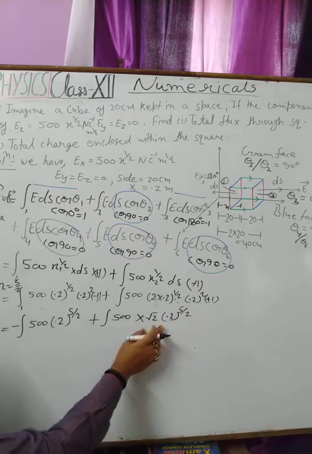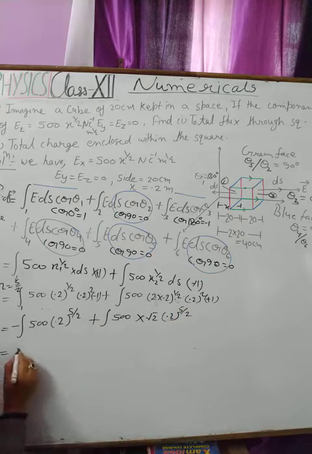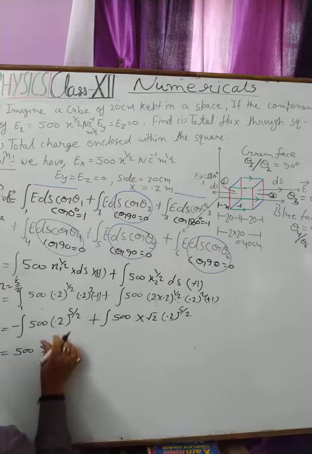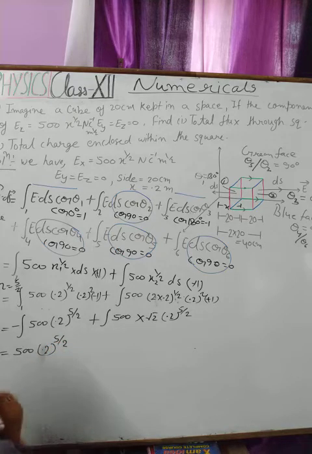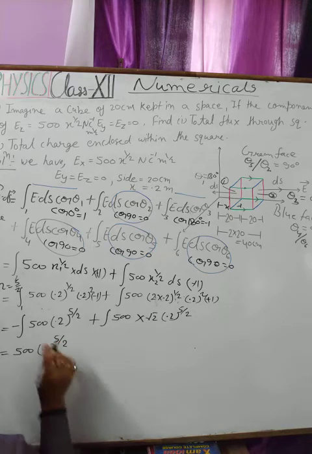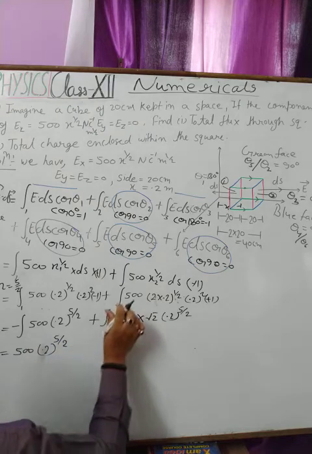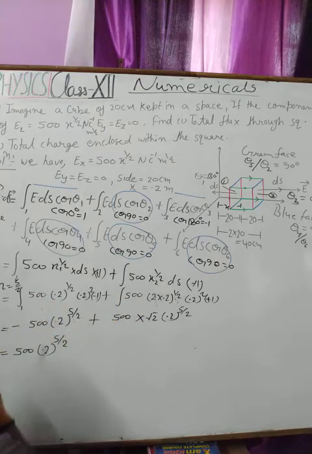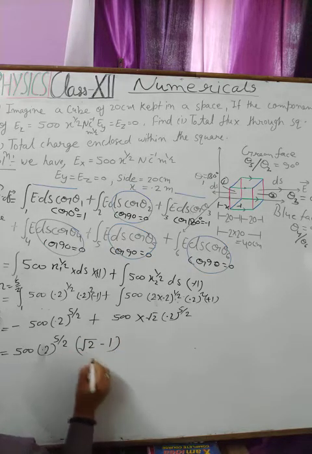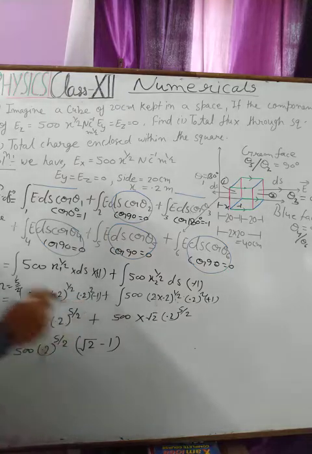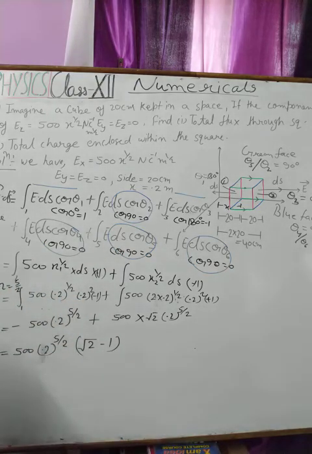Okay, now student, we have 500 and 0.2 to the power 5 by 2 as common, and in the bracket root 2 minus 1. This is the result we get after solving this.